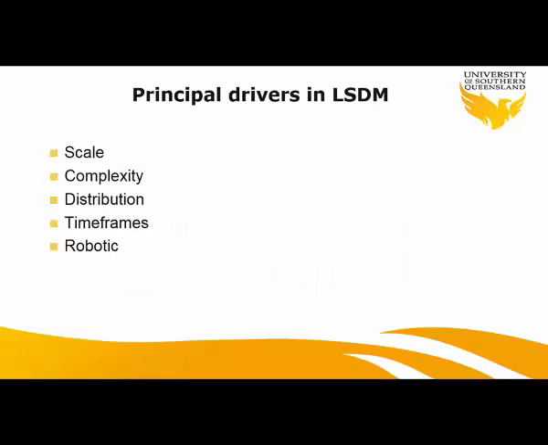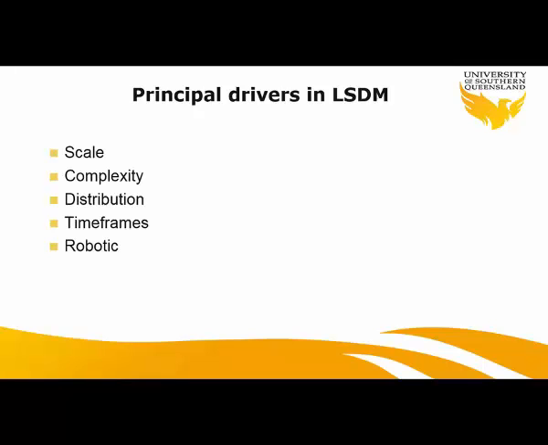The principal drivers in large-scale dimensional metrology can be divided into 5: scale, complexity, distribution, time frames, and robotics. Talking about the scale, first of all, the object we want to measure in large scale metrology is very big, like big machinery, like aircraft, like ships, and as the scale becomes larger we are demanding a very precise measurement.